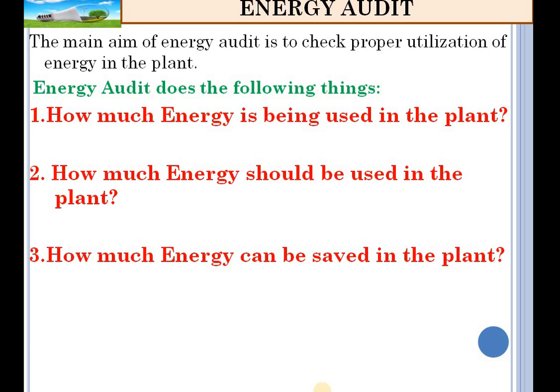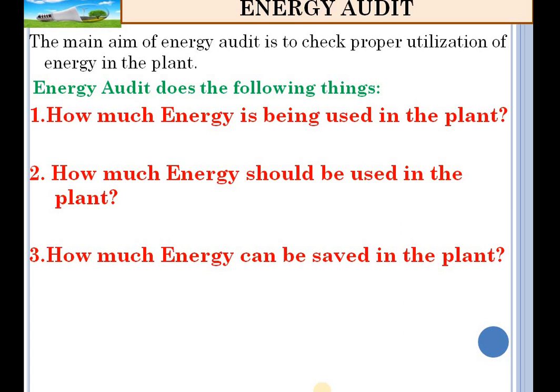The first point tells that we should locate the points where electrical energy is used. I am talking here about electrical energy, that is electricity. So how much energy is actually utilized by the plant to carry out different processes. The second thing is how much energy is exactly required by the plant to run any kind of process.